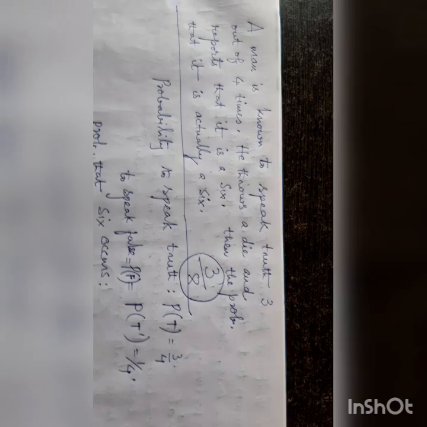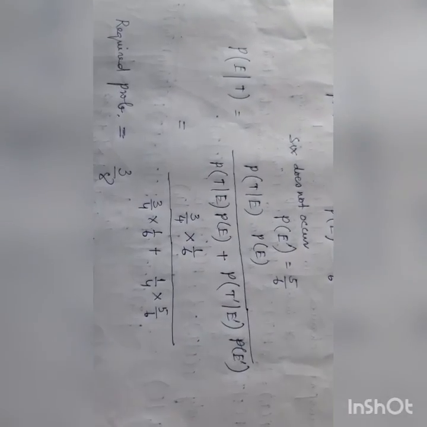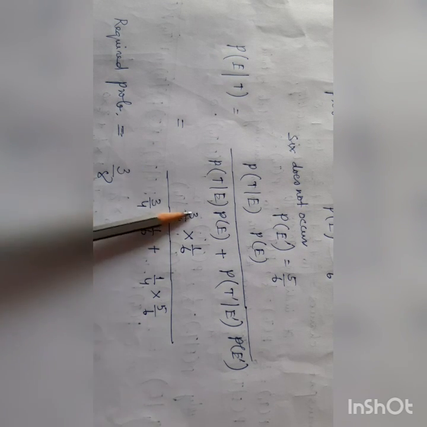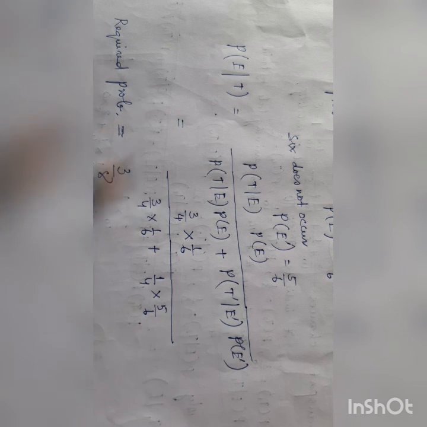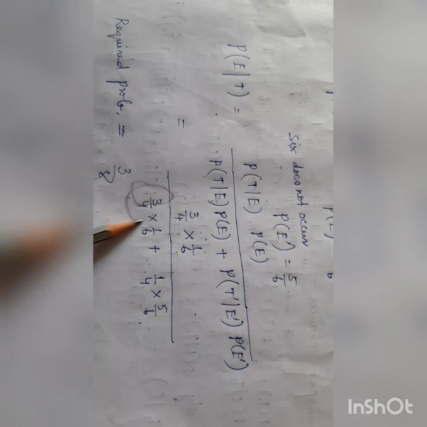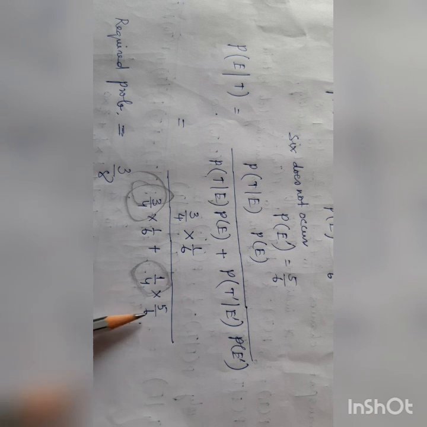You see, speaks truth 3 out of 4 times, 3 by 4. So 3 by 4 into 1 by 6 whole by 3 by 4 into 1 by 6 plus, in the sample space, what is left? False. False 1 by 4 into 5 by 6.